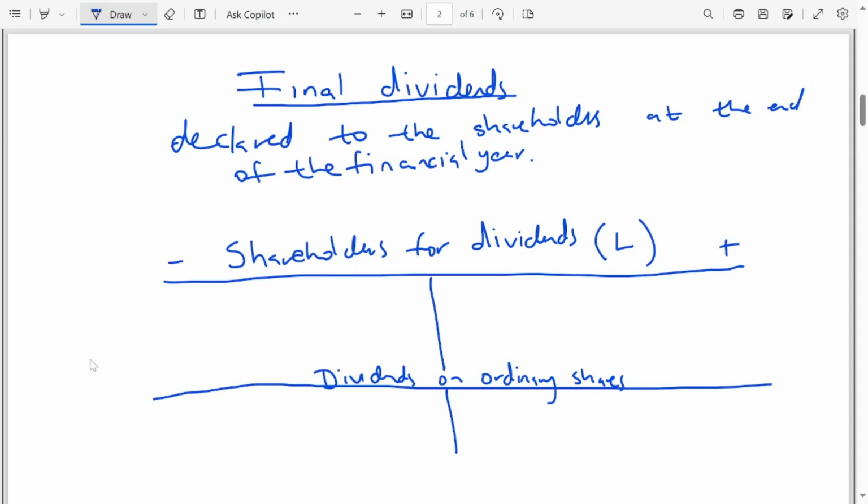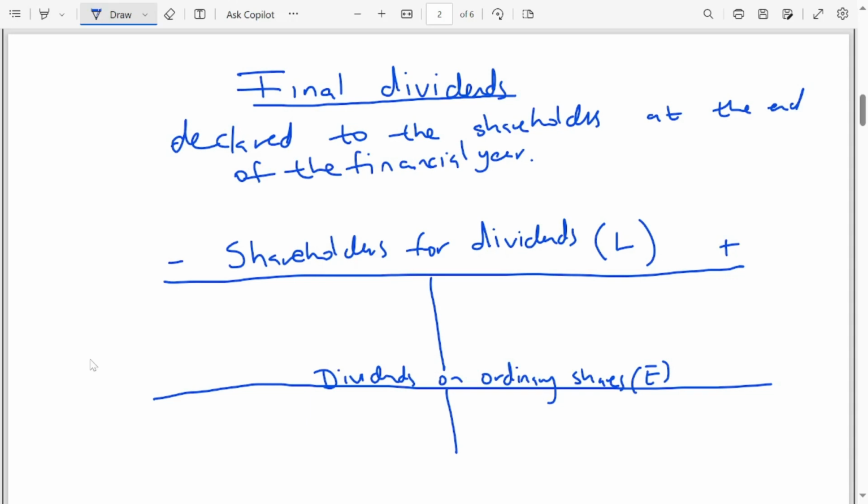It says that expenses should be recorded in the year that they belong in. So this dividend on ordinary shares, let's say it belongs in this year. So obviously we must also create the expense for the dividends on ordinary shares. Okay? So it must not be an expense in the next financial year when it is being paid, because that expense will not belong in that financial year.